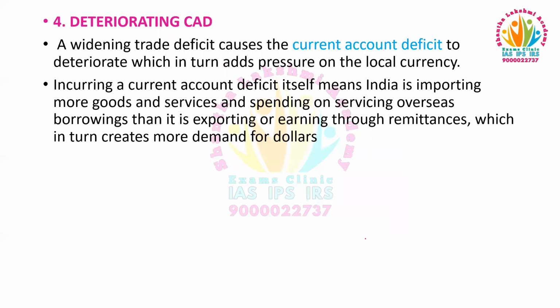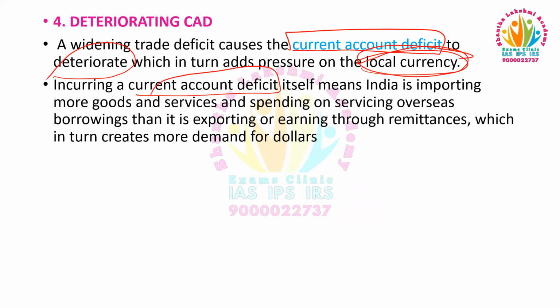Then the fourth one is deteriorating CAD, that is current account deficit. A widening trade deficit causes the current account deficit to deteriorate, which in turn adds pressure on the local currency. Incurring a current account deficit means India is importing more goods and services. We have discussed, right?